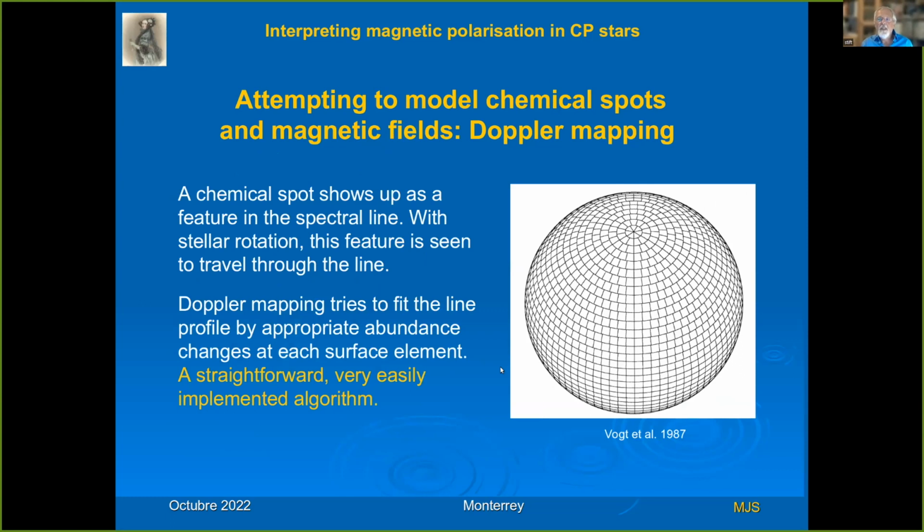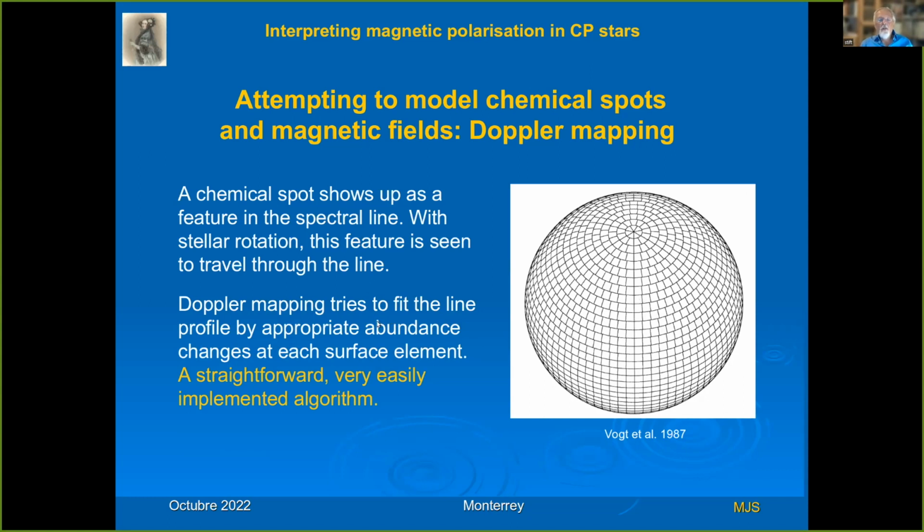And that's what started Doppler mapping. In Doppler mapping, you assume a star and you take equal area pixels, and in each pixel you assume a certain abundance, for example, of an element. And when you do it in just one pixel, then you see that there's a tiny feature and it travels through the line with the rotation.